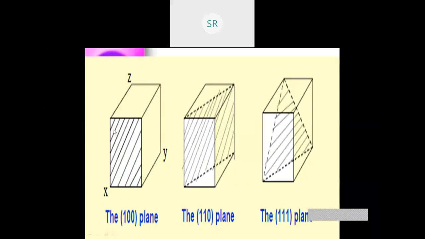Now we can see here, if I take this as the silicon structure, or the silicon cube, there is the 100 plane. Strictly speaking, it is the 100 plane. Similarly, the 110 plane and the 111 plane.